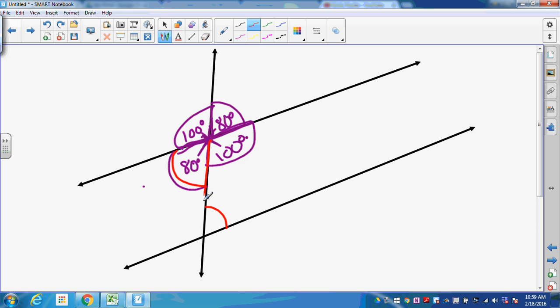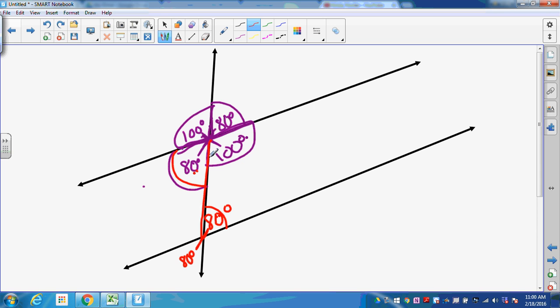They share the transversal, they're inside the parallel lines, and they're on alternating sides of the transversal. So these two are alternate interior angles, which means they are also congruent, which means this angle down here is also 80 degrees. I can go ahead and find this other angle that's also 80 degrees because these two are vertical angles, so this one is also 80 degrees.